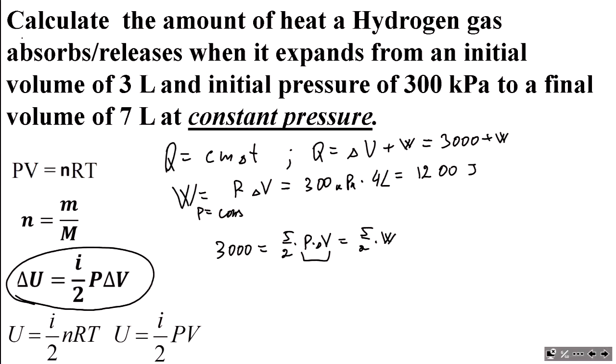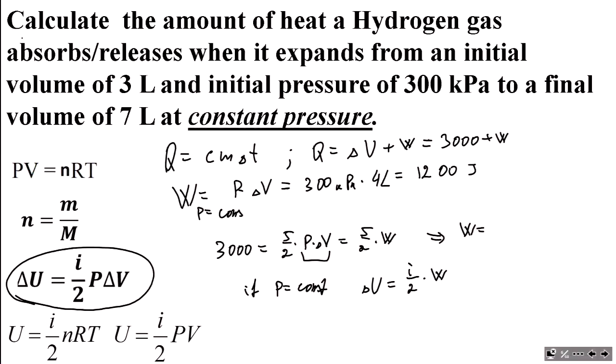So now we have an extra relationship which connects directly work and change in the internal energy for the isochoric process only. So if pressure remains constant, these 2 variables, change in the internal energy and work, are related directly by a simple proportionality.